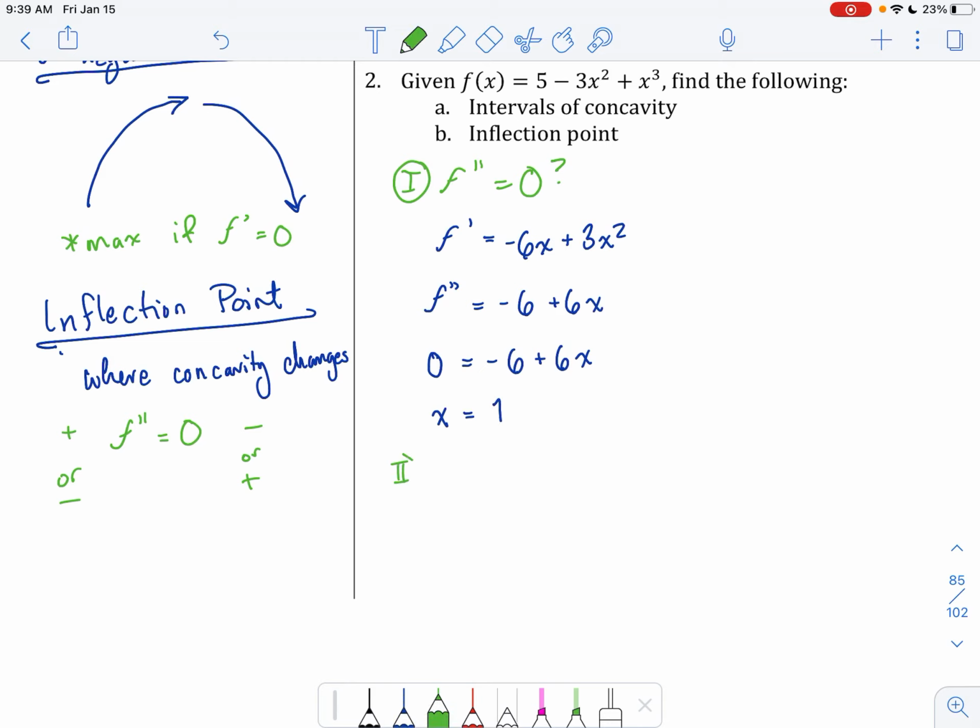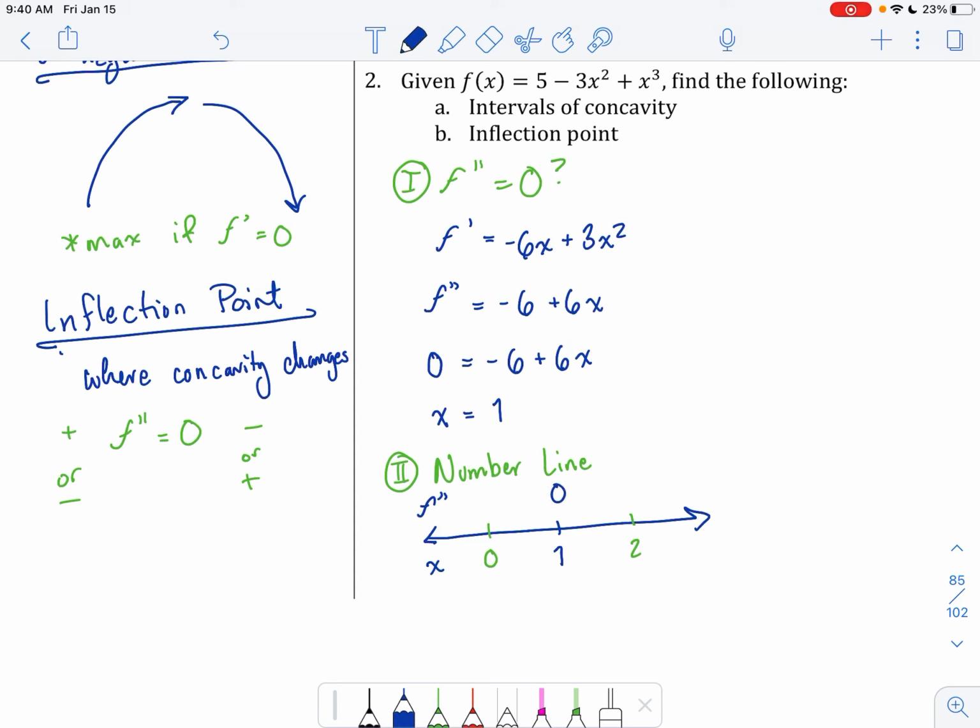Now, again, similar to what we've been doing before, we're going to set up a number line and test. The only difference, of course, is that we're still looking at our possible x values. We're really going to focus around 1. And then here we're looking at f double prime values, our second derivative, and we'll just test ones on either side. In this case, 0 and 2.